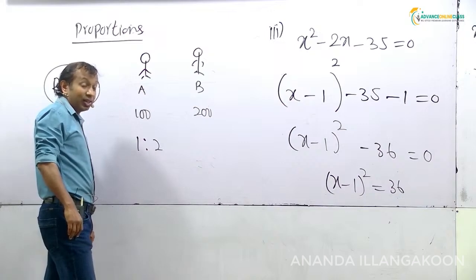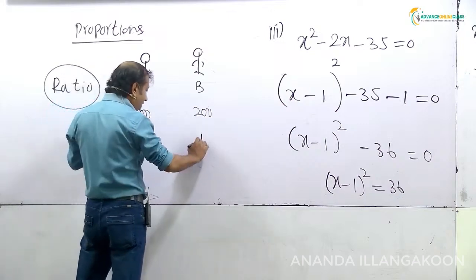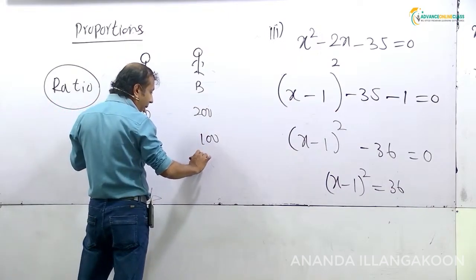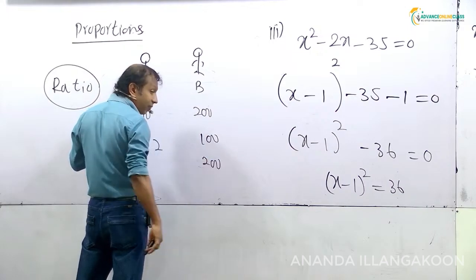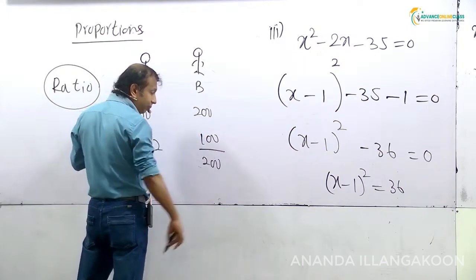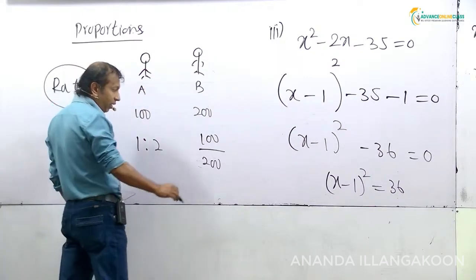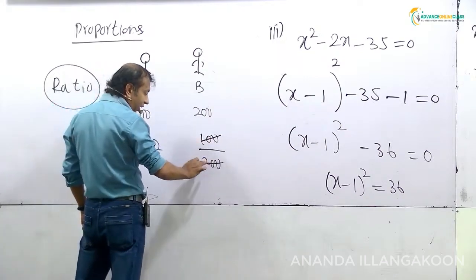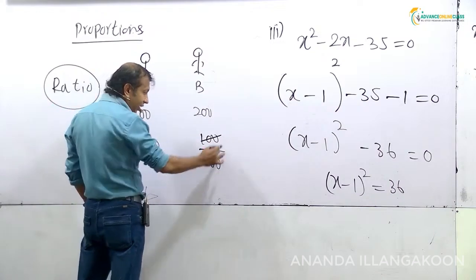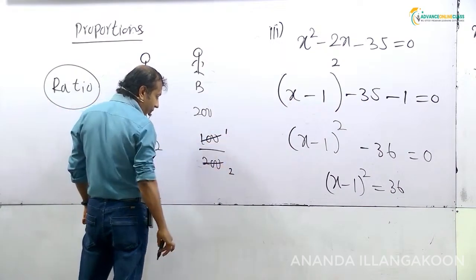You do it like this. A has 100, B has 200. We divide these two. Then both can be cancelled down by 100. Here we get 1, here we get 2.